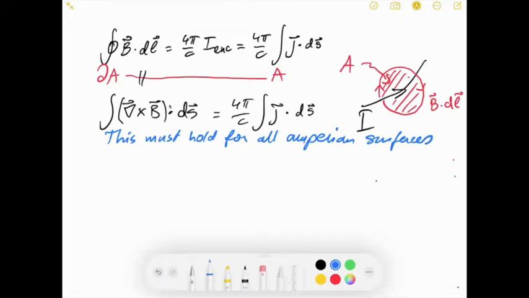Ampérian surfaces are flat surfaces; they don't have an inside, in contrast to Gaussian surfaces.